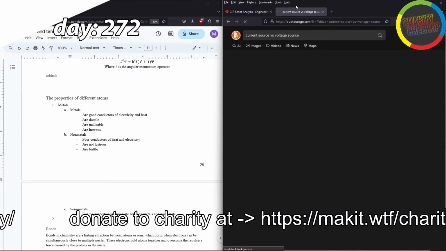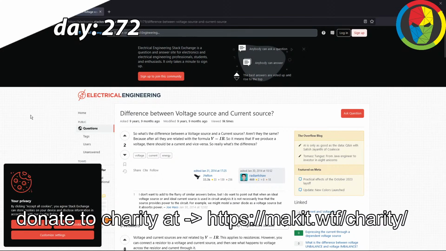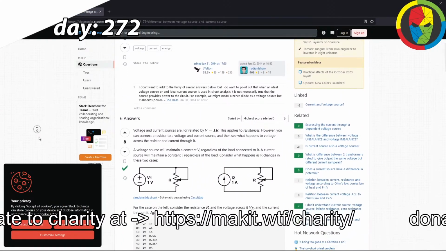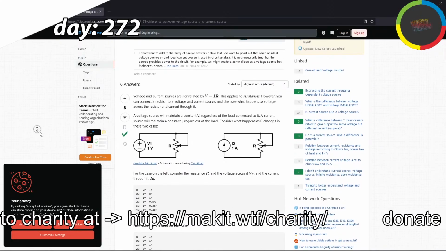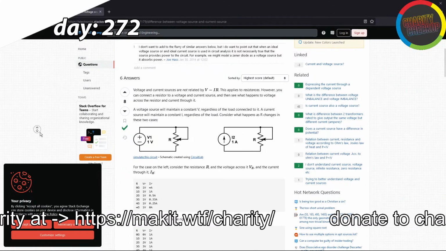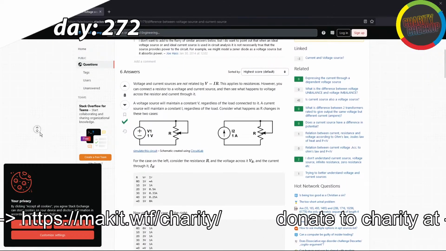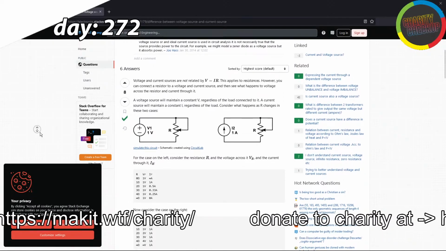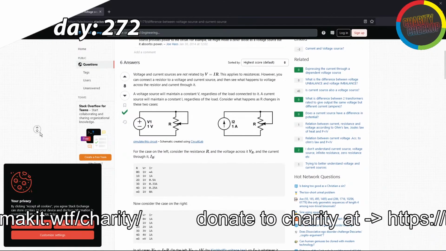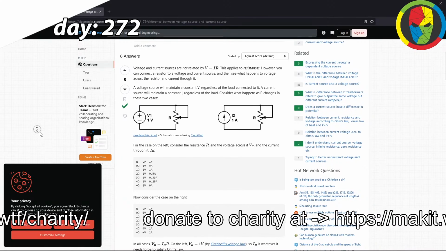I'm really curious because I have no idea what the difference is exactly between a voltage source and a current source. The voltage source will maintain a constant V regardless of the load connected to it.